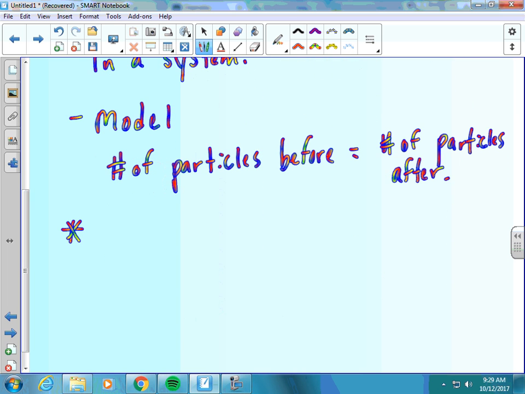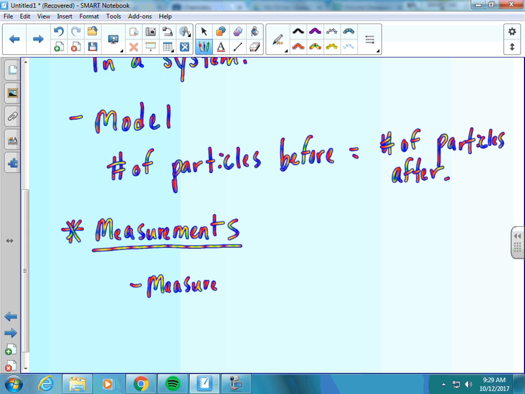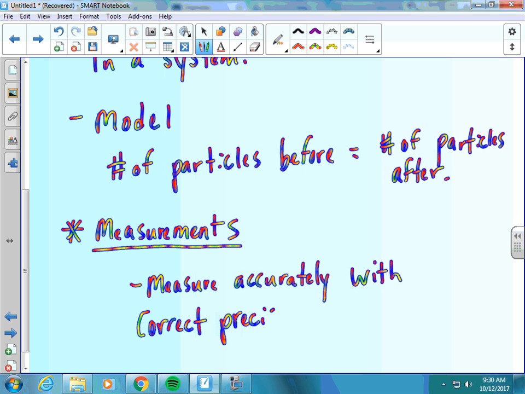So in our measurements, we want to make sure we measure accurately and measure with correct precision.